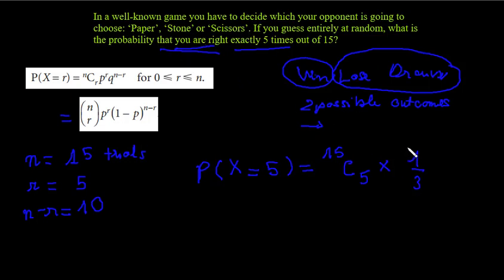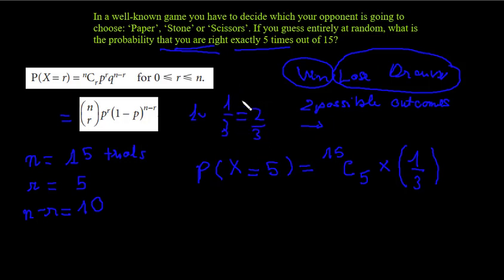And the probability that you are not going to succeed, meaning you are going to fail, is 1 minus 1 over 3, because you only have 2 possible outcomes: get it right or not get it right.